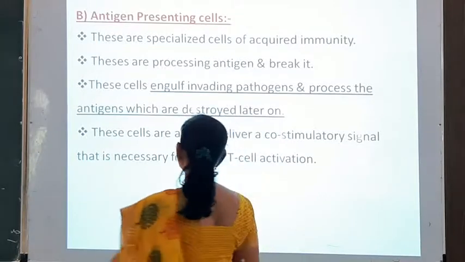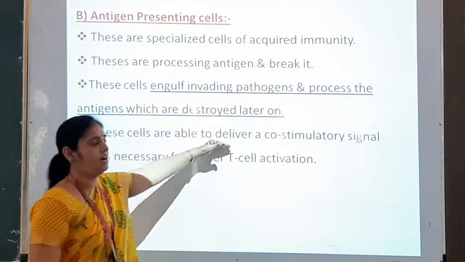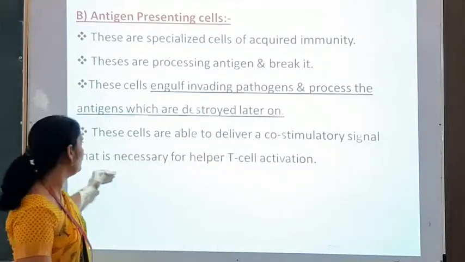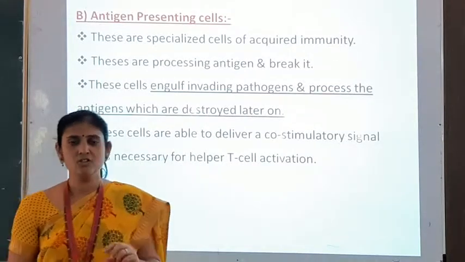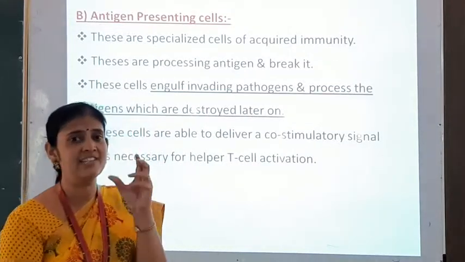So these cells are able to deliver a co-stimulatory signal that is necessary for helper T cell activation. This is the second function of these antigen presenting cells.